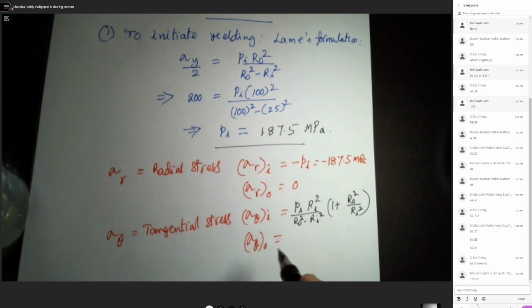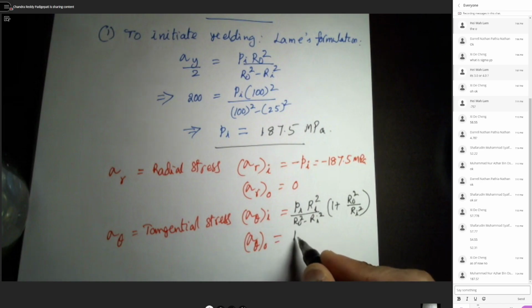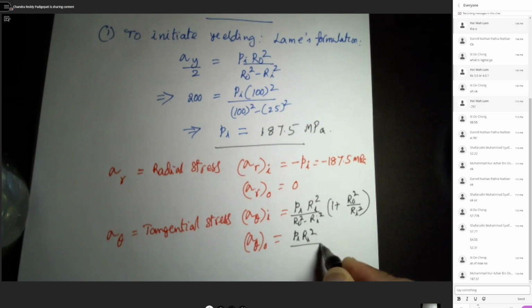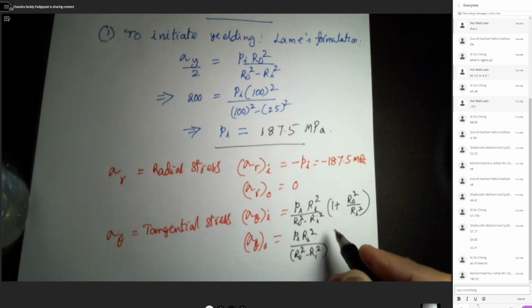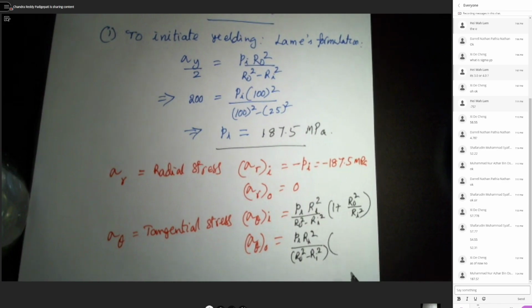Okay, so sigma theta, the tangential stress at the outer radius will be pi ri square over rho square minus ri square, times 1 plus rho square over rho square at the outer radius.